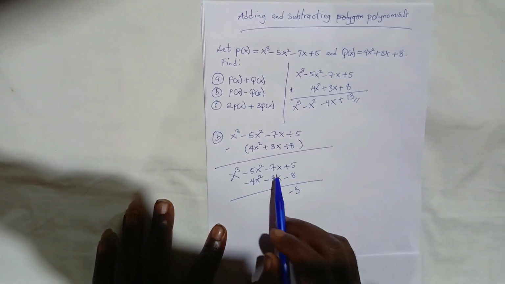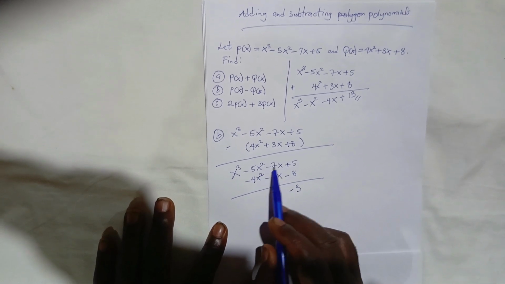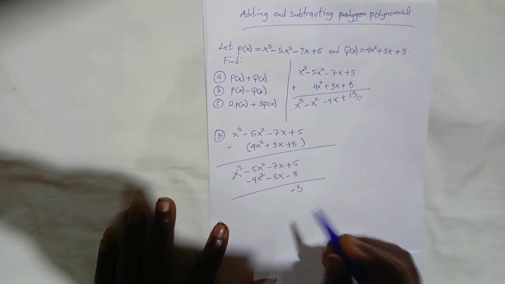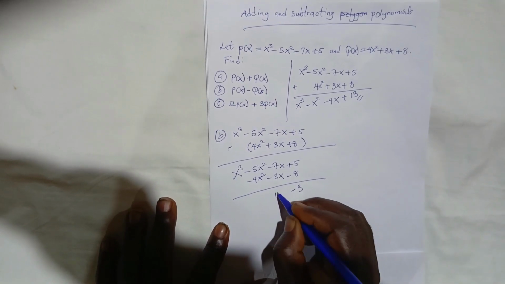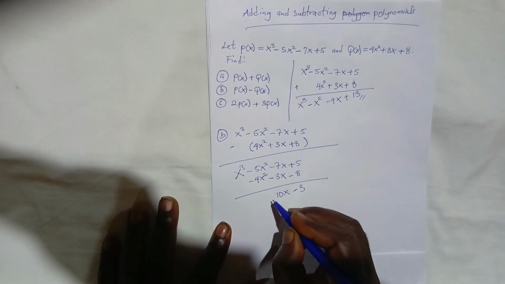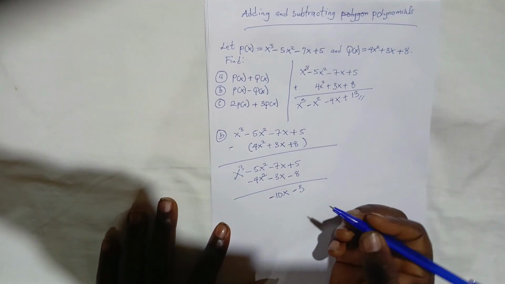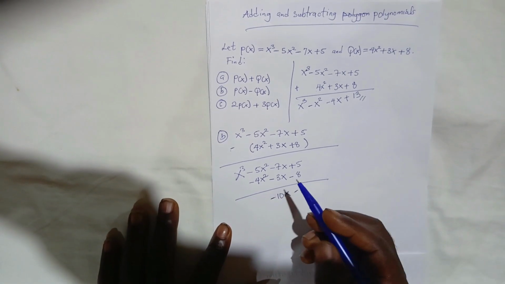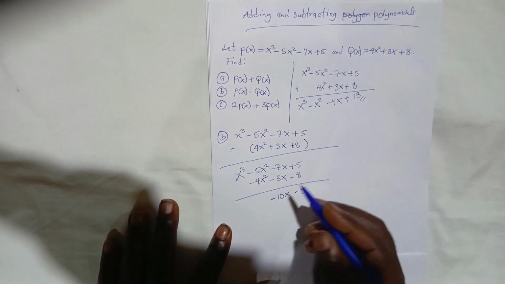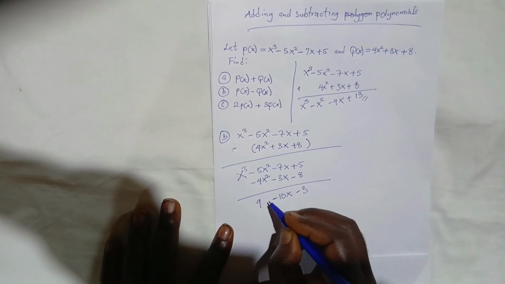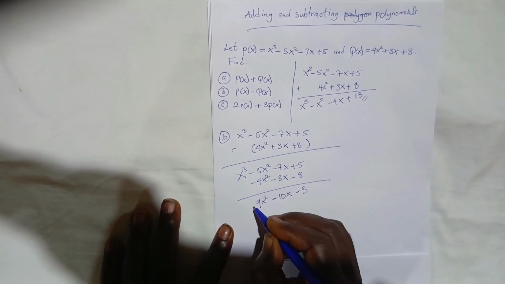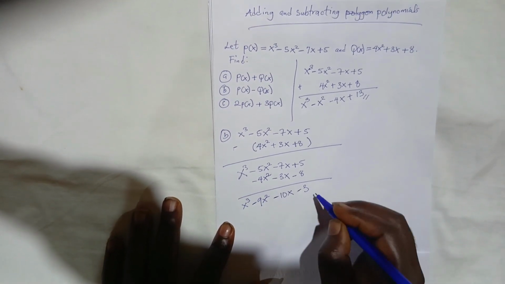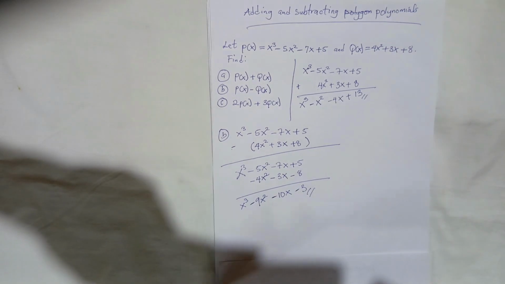Then we have minus 7 minus 3, we add and the sign remains the same. 7 plus 3 gives us 10, so we have minus 10x. Minus 5 minus 4, we add and the sign remains the same. 5 plus 4 is 9. We're going to have minus 9x squared. Just bring x cubed down. This will just be your answer.